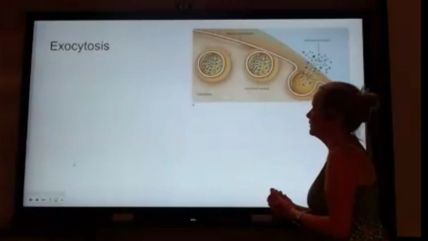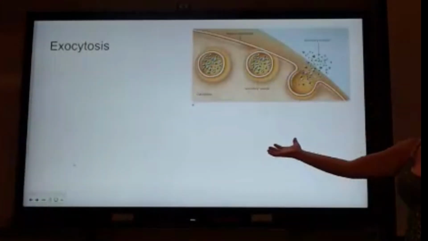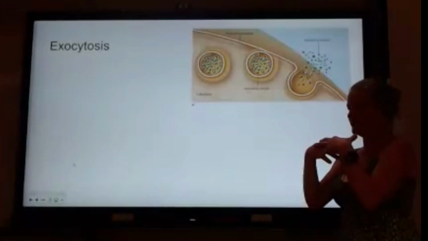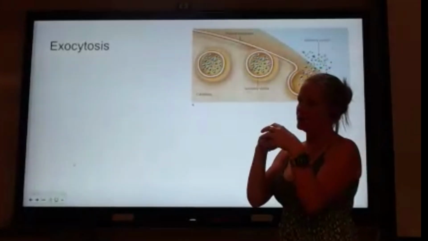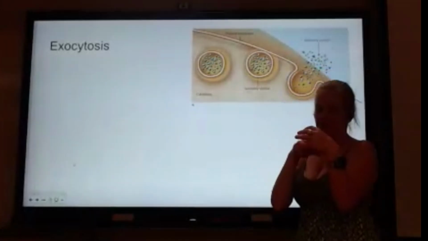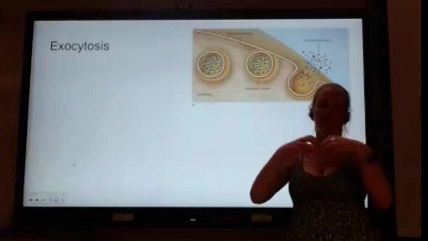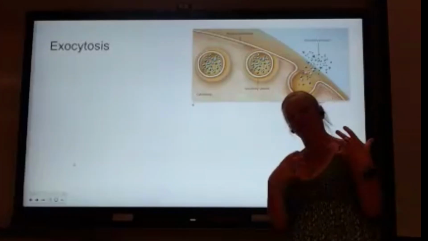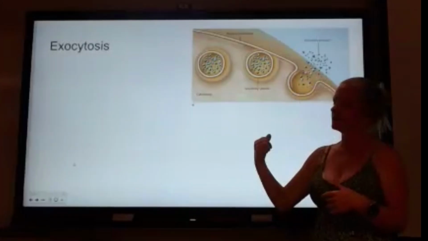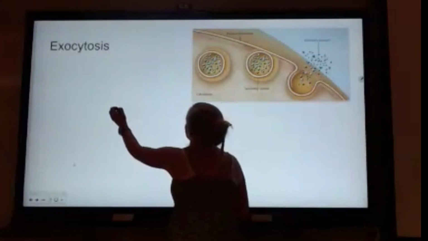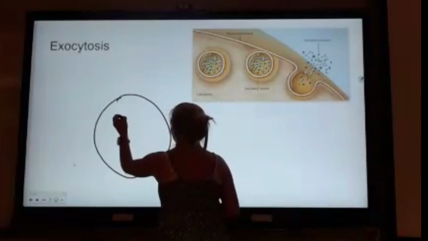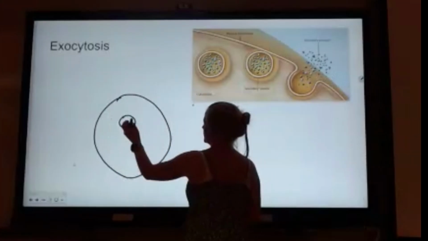Okay, so maybe after we phagocytose a bacterial cell into the host cell, we break down that bacteria, that food particle, and now we've created a bunch of waste products that we don't want in our cell. We've got to get rid of it. So inside the cell, we're going to have a vesicle with all the waste products.